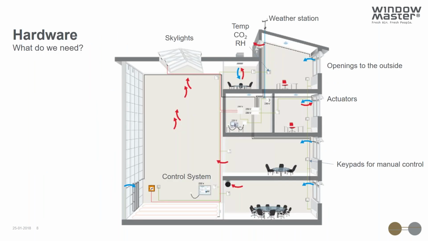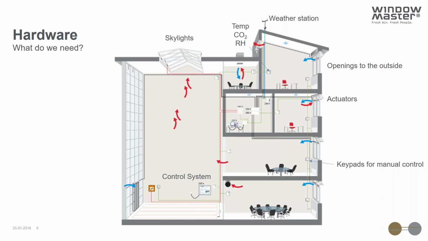The hardware we need for a great natural ventilation system is, of course, some window openings. We normally suggest having these openings highly placed and either top hung or bottom hung.